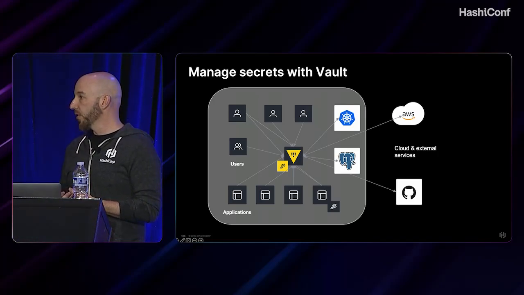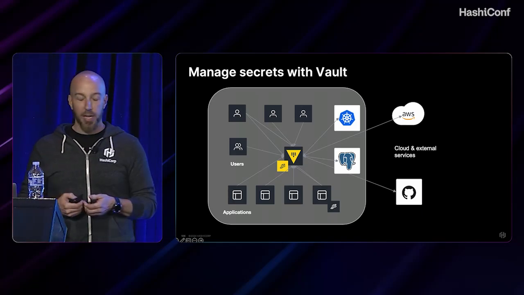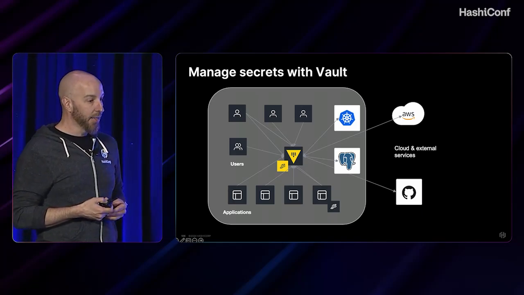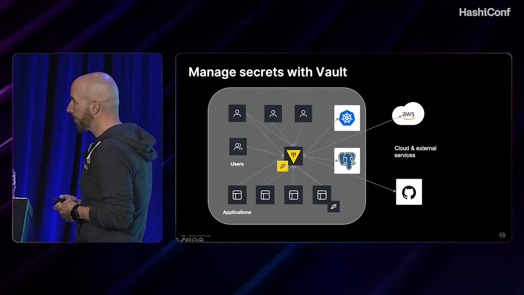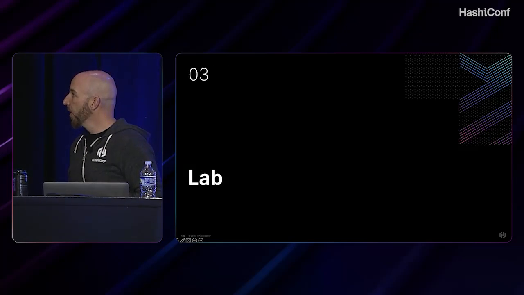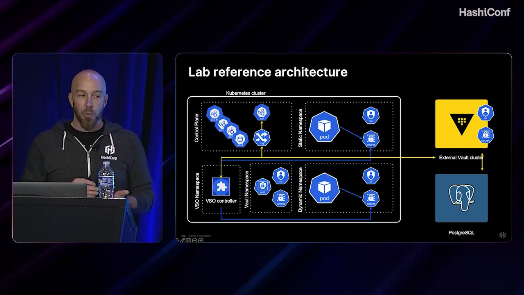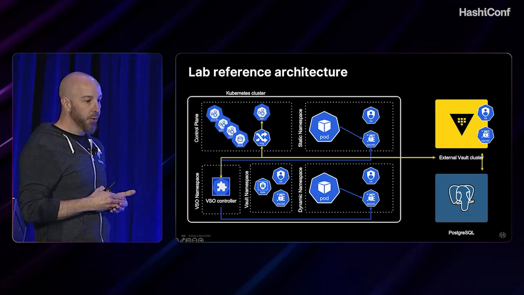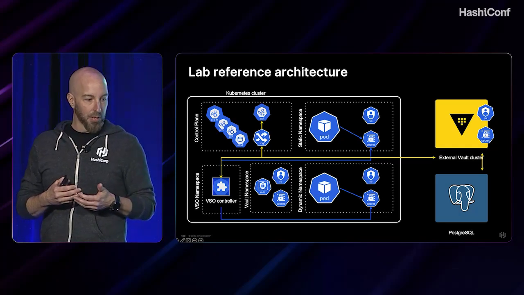They can work towards either refactoring their app to read from Vault directly, or you can continue to use VSO to manage and maintain those secrets. What we're going to build today: we're going to run Vault external to the Kubernetes cluster.